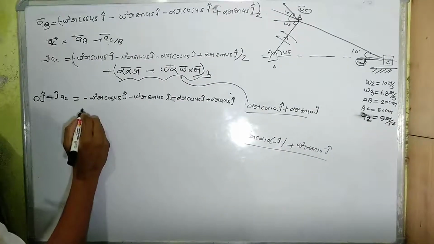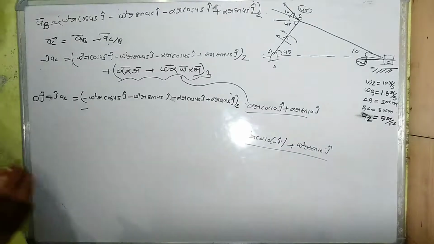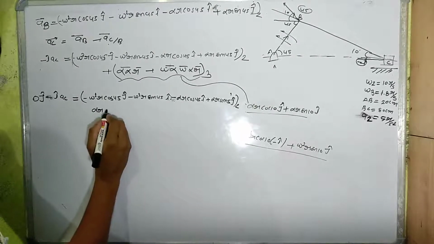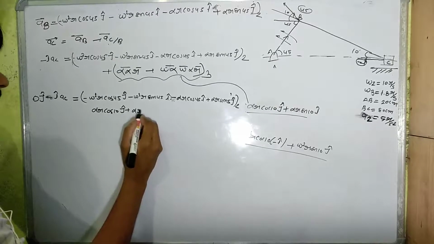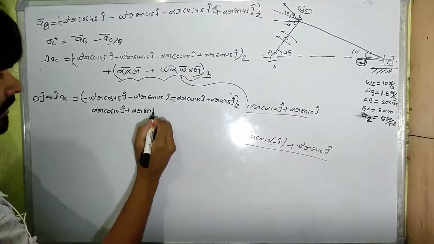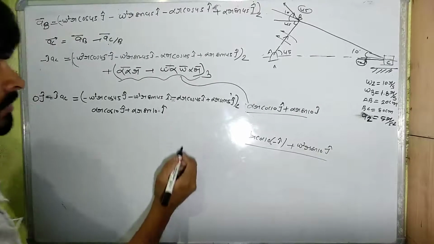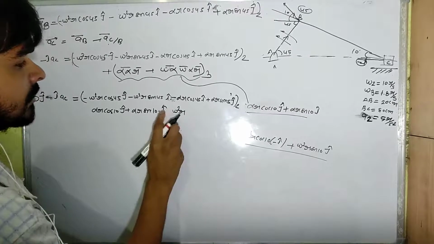So I am writing here, this is the only part linked to link 3. So alpha r cos 10 j cap plus alpha r sin 10 i cap, okay, plus omega square r, actually you can write minus here.